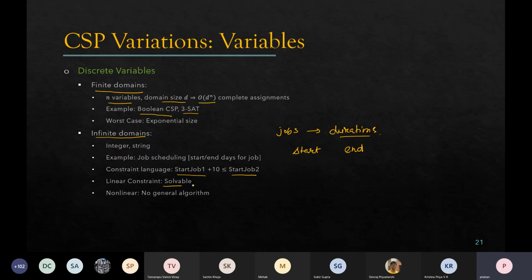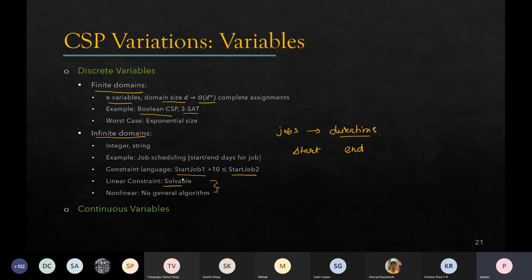And this is one thing that I would like to just mention, that I'm not going to prove this. If you have linear constraints of this form, then the CSP is solvable. But if you have non-linear constraints, you do not have a general algorithm to solve that. You have to try out different heuristics, maybe domain-specific heuristics, to solve this problem, right?